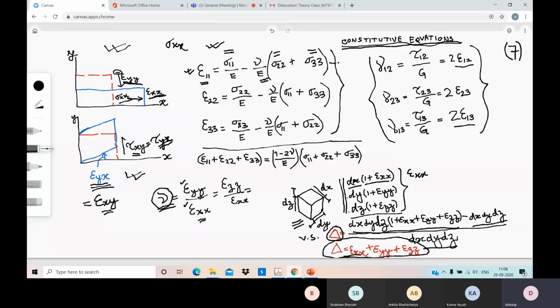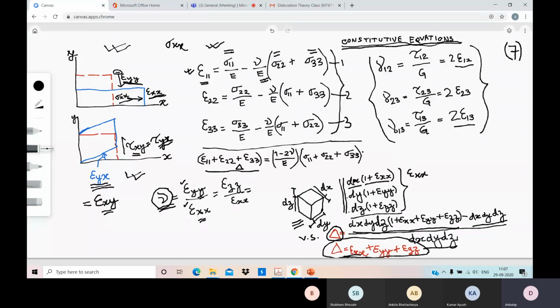Now if you take these three normal stress-normal strain relations and simply add them, what will come? You will get epsilon 1 plus epsilon 2 plus epsilon 3, which is basically the volume strain delta, equal to 1 minus 2 nu by E times sigma 1 plus sigma 2 plus sigma 3.